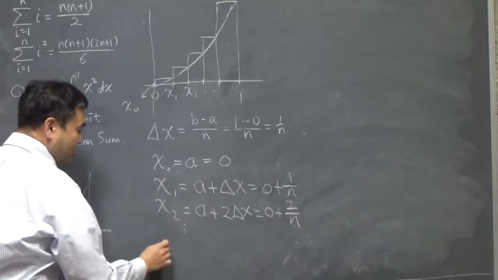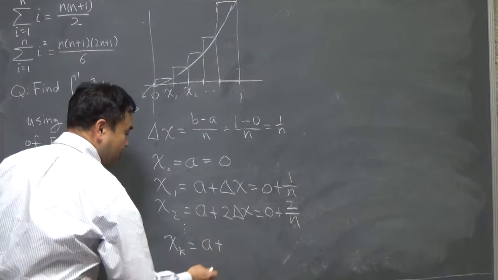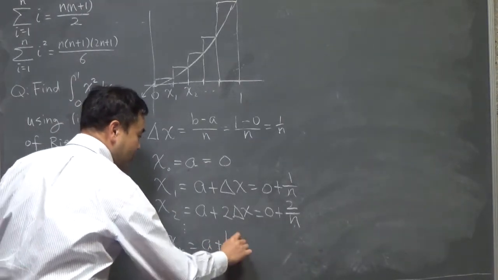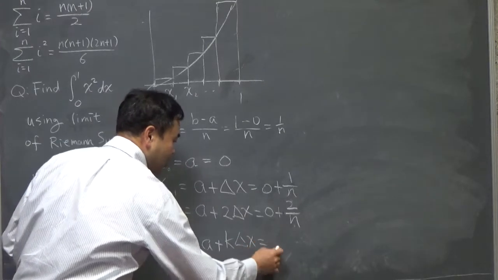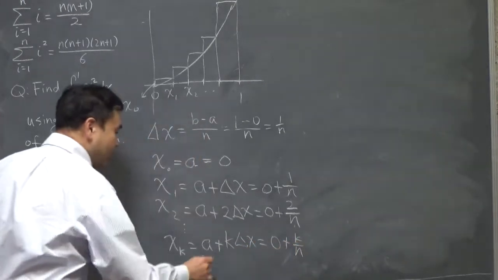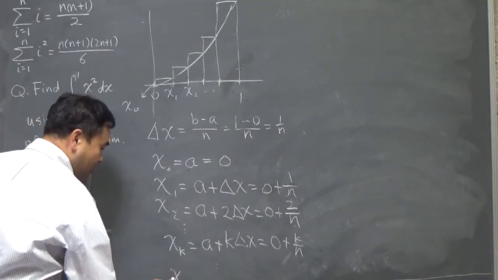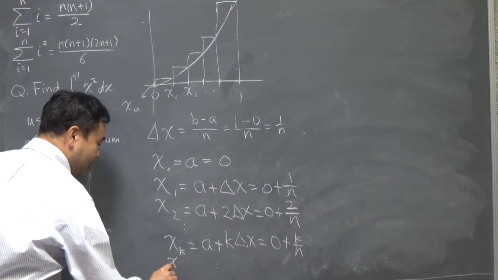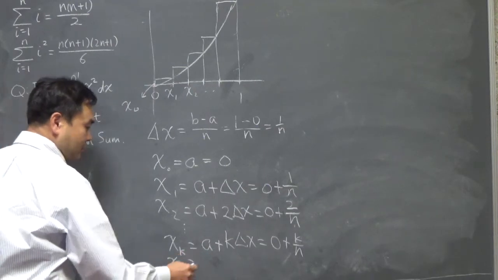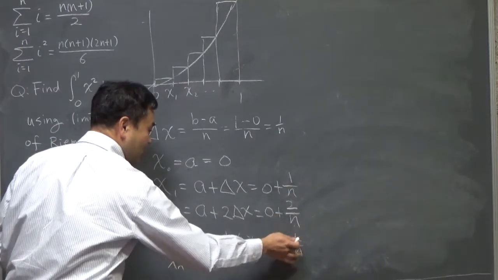Keep going, and you see that there's a pattern here. If you have a plus k steps later, it will be a plus k times delta x. So in our case, it will be 0 plus k over n. And eventually, when you go all the way down, you're going to arrive at x of n. That will be like replacing this k by n, which is n over n.